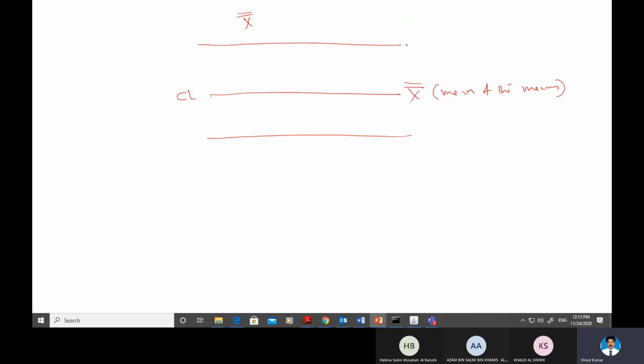In the X double bar chart, the middle line is the center line, which is X double bar, the mean of the means. Then there are the upper control limit and the lower control limit.